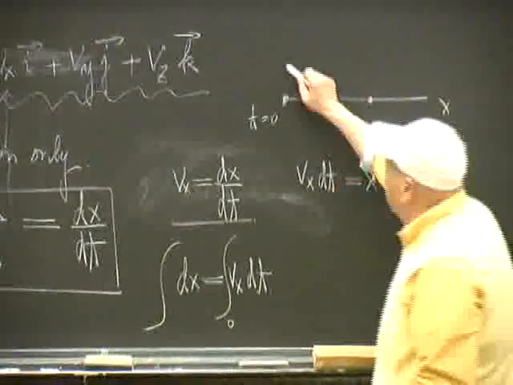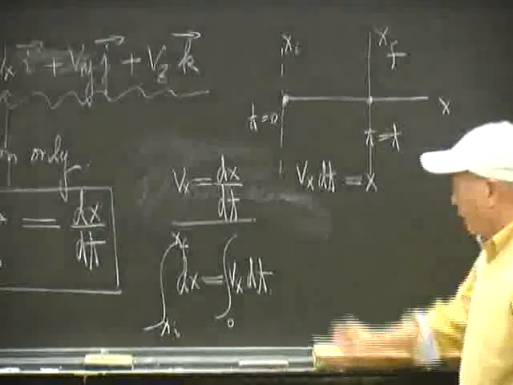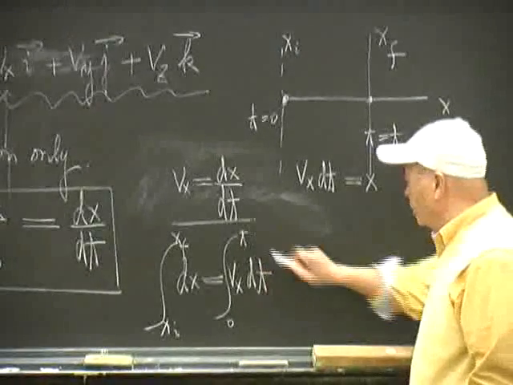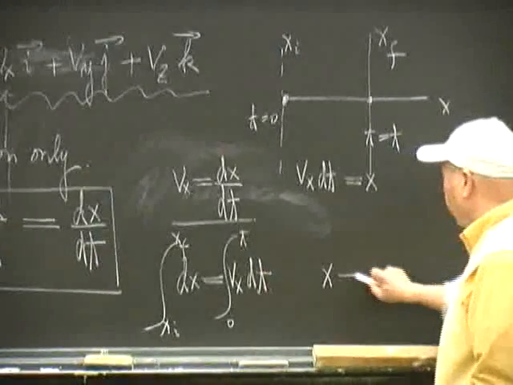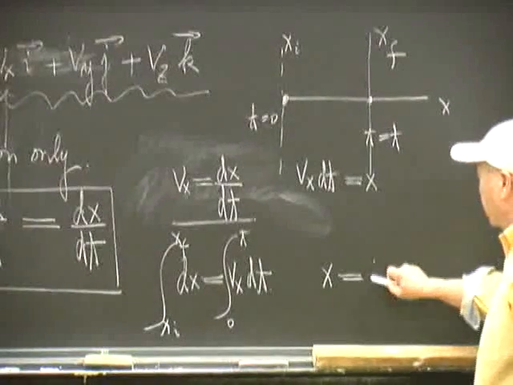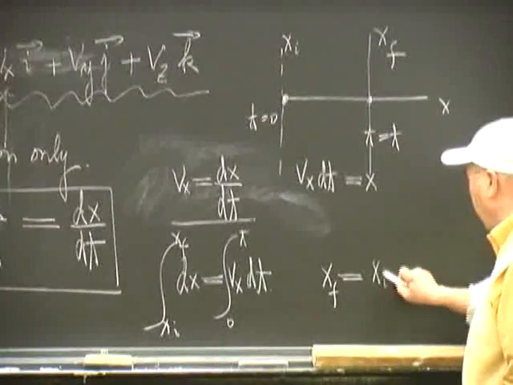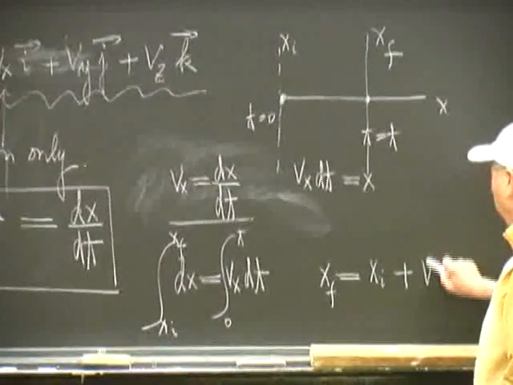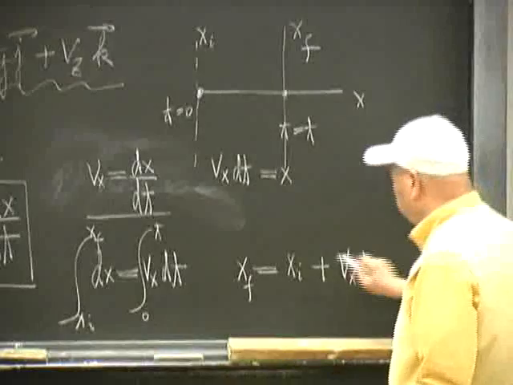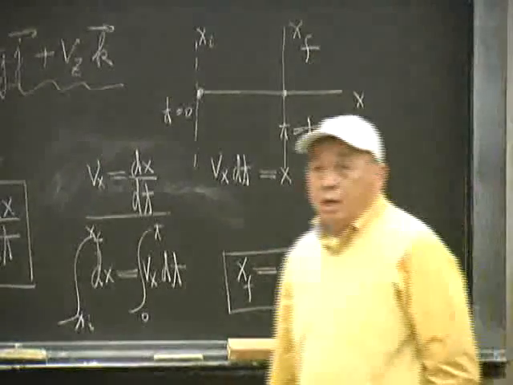Initially, this location is x sub i, and integrating from 0 to t, we get the first equation: x sub f equal to x sub i plus v sub x t. So this is the first equation.